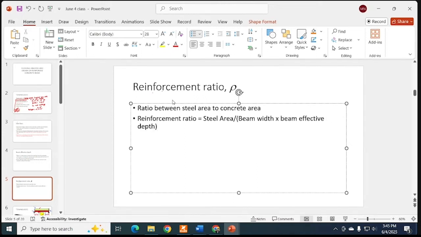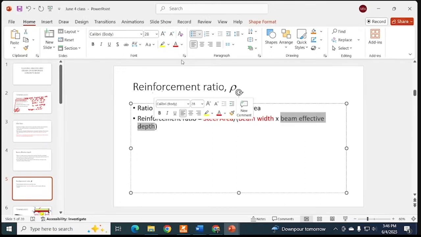So although we are mentioning that it's the ratio between steel area to concrete area, we properly use the steel area in the equation, but as we calculate the concrete area, we multiply the beam width with the beam effective depth, not beam total depth. So this is the difference.